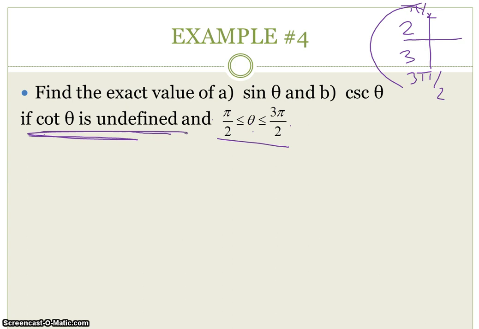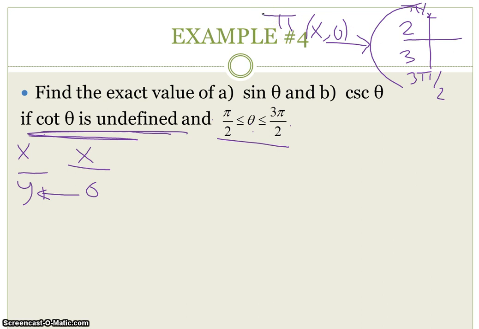But I also know that cotangent is undefined. Cotangent, if you recall, is x over y. For something to be undefined, it means that you are dividing by 0. So that means that y equals 0. I don't know what x is, but I know that y equals 0. Looking at the unit circle, of all the places where y equals 0, the one between pi over 2 and 3 pi over 2 is at the angle pi.